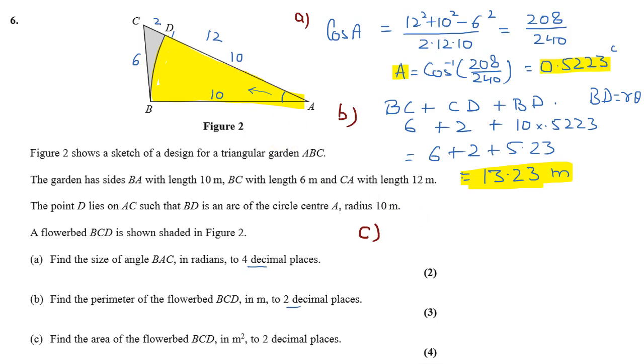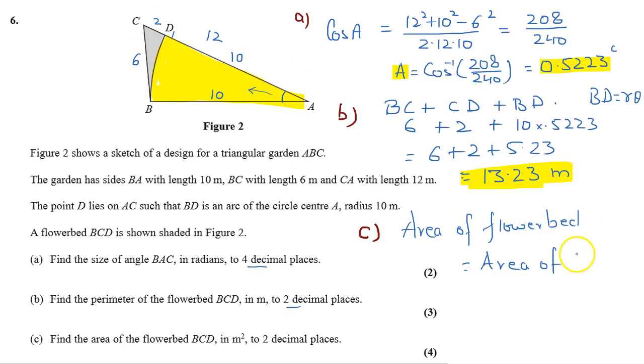So the area of the flower bed is equal to the area of the triangle, which is definitely bigger, minus the area of this sector.